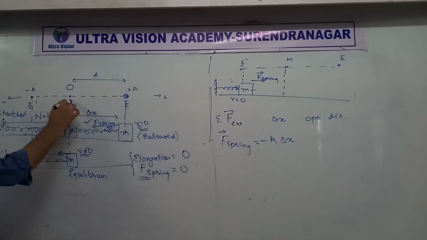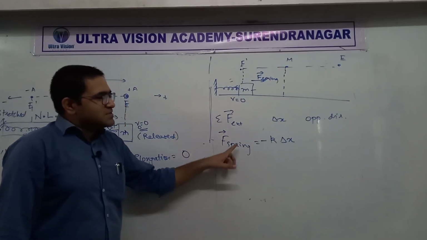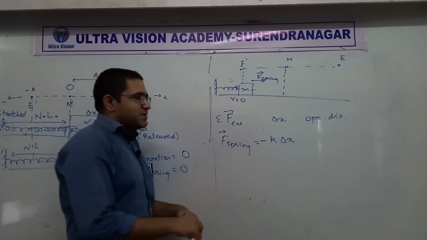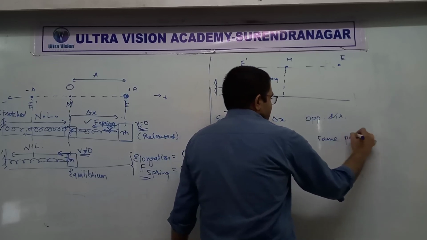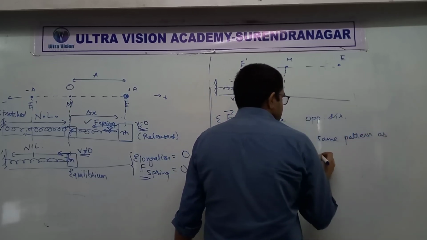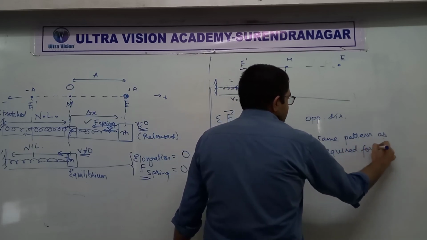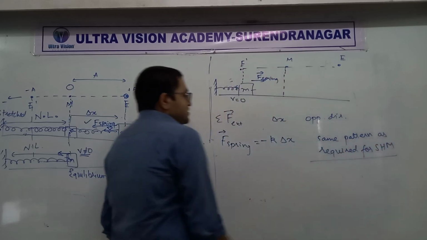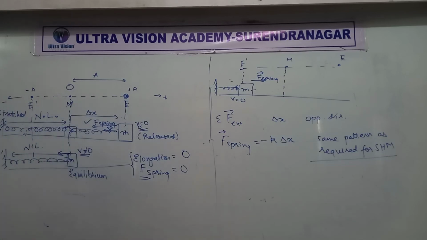So you see, the spring force is actually following the same pattern as required for SHM. You understand what I have written here? It follows the same pattern as required for simple harmonic motion.